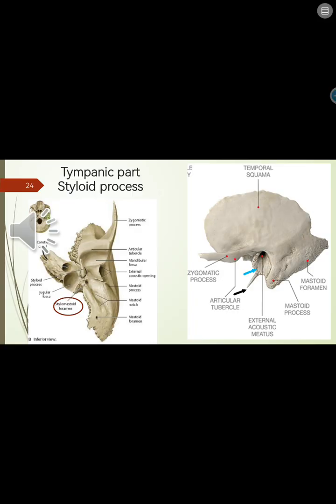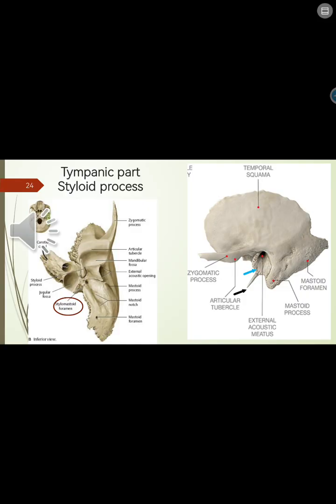The tympanic part of the temporal bone is a plate below the squamous part and anterior to the mastoid process. It fuses with the petrous part internally and appears between this and the squamous part, and forms the anterior wall, floor, and part of the posterior wall of the external acoustic meatus.